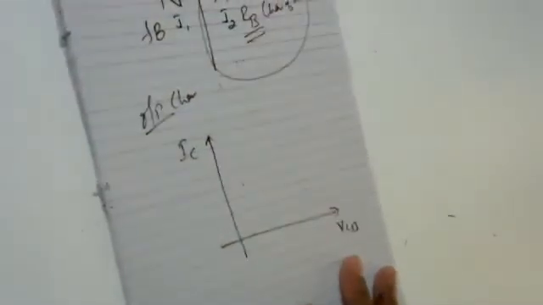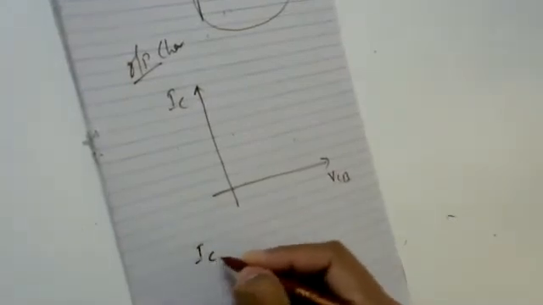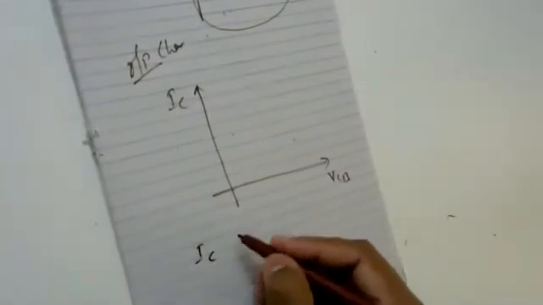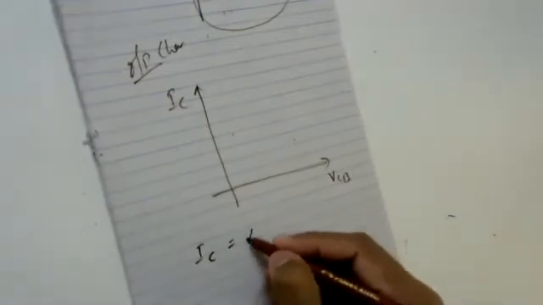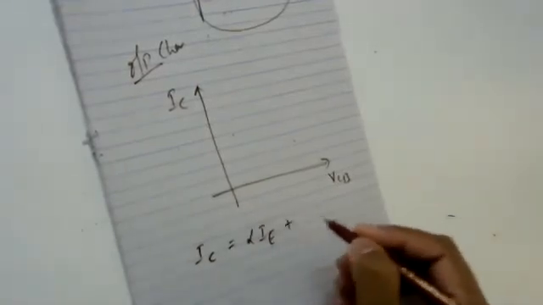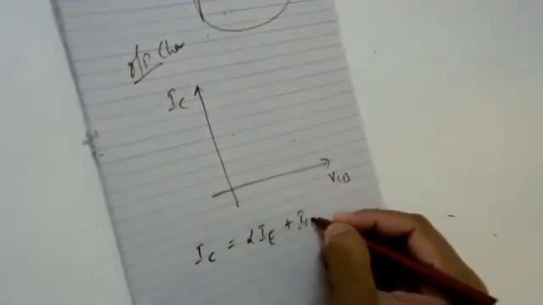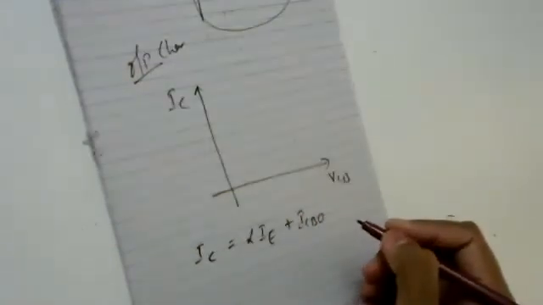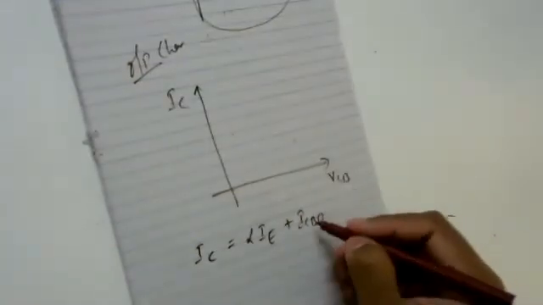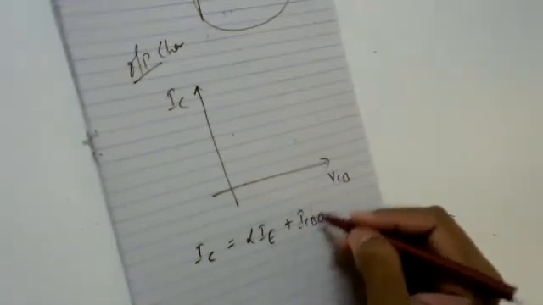Now I know one equation we derived, saying that my current IC will be equal to alpha times IE plus ICBO. We know that this leakage current can be ignored.